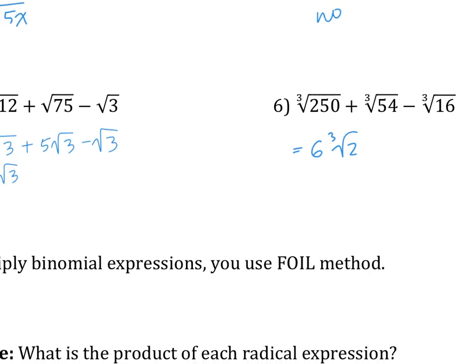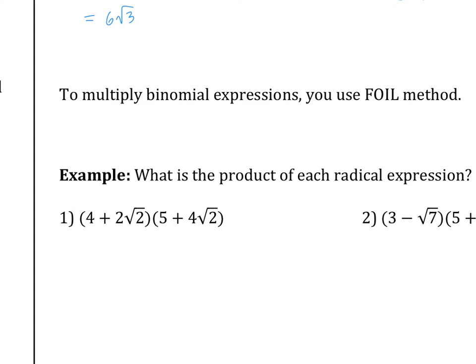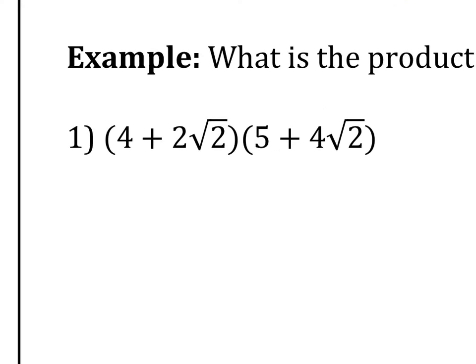All right, now we are going to multiply. Something like this. When you have a binomial where one of them is a root, you have to FOIL. All right, first. So this is the first term. 4 times 5? 20. Yes. All right, next. Outer. 4 times 4 root 2. 16 square root 2.